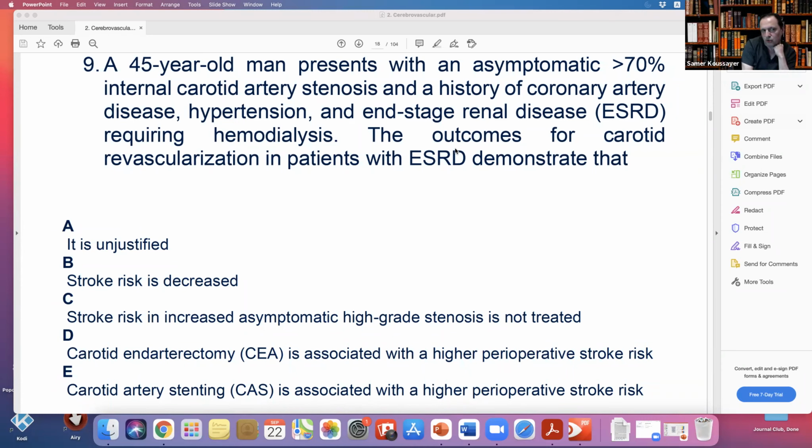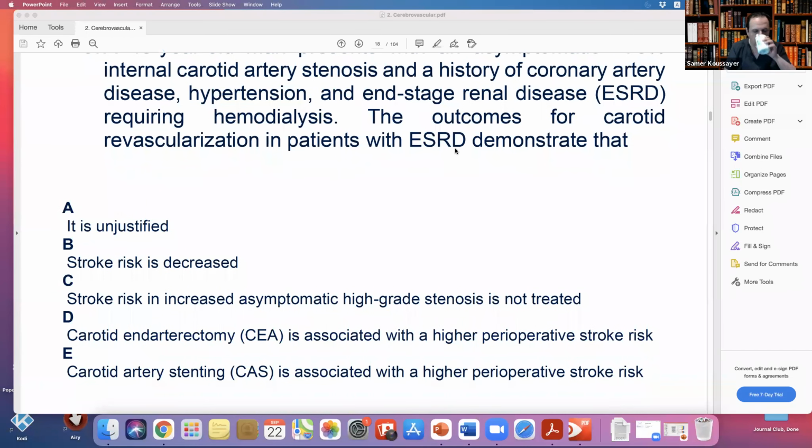But if you want to go with the exam, this was the data, at least the published data showed that if you have end-stage renal disease and carotid stenosis, there's a high chance of stroke. So you have to be a bit more aggressive with this patient. Okay, so let's see what the question and answers. It is unjustified.